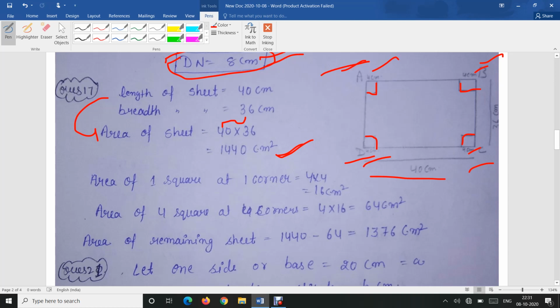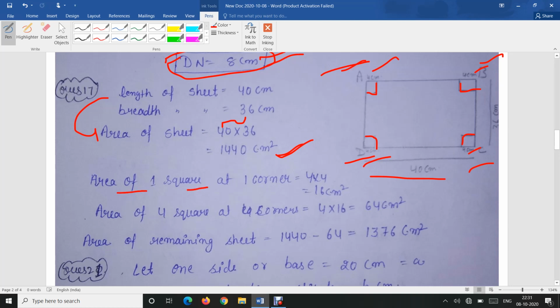Now there is one thing which is common in these squares, that side is equal for all the squares, which is 4 centimeter. So for this you can find out the area of only one square, and after finding out the area of one square you can multiply this area by 4. In this way you will find out the area of the 4 squares.